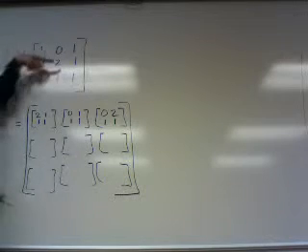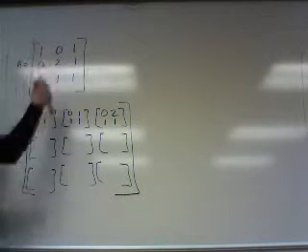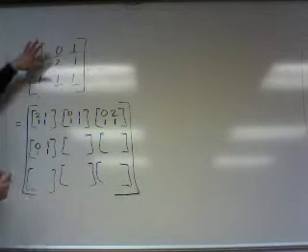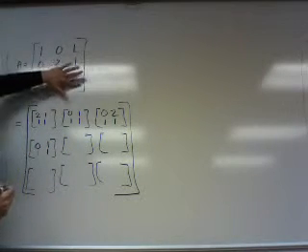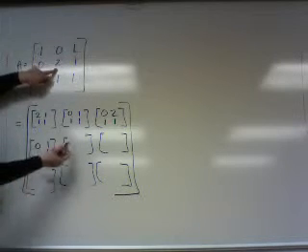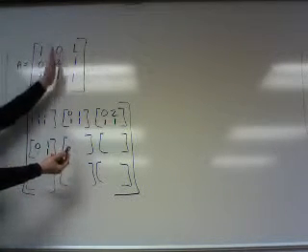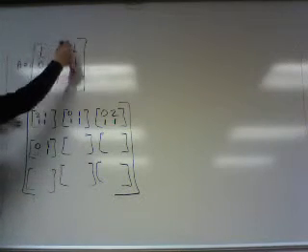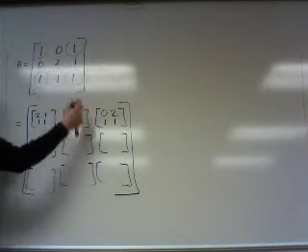But this 0 is in this column, in this row. I'm left with 0, 1, 1, 1. And then this middle guy, this 2, I'm going to take out the middle column and the middle row. I'm left with 1, 1, 1, 1.